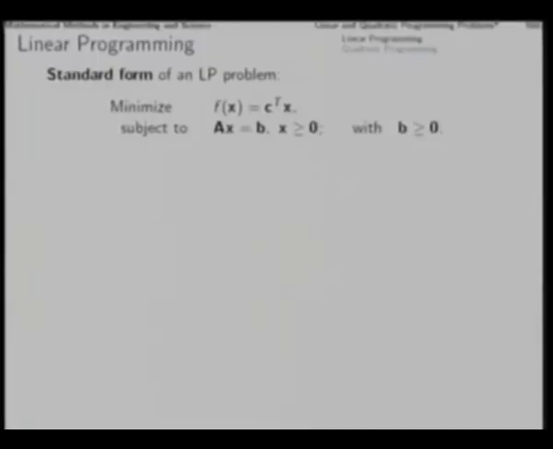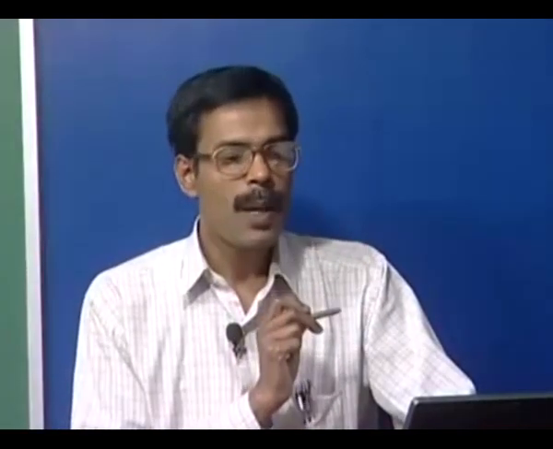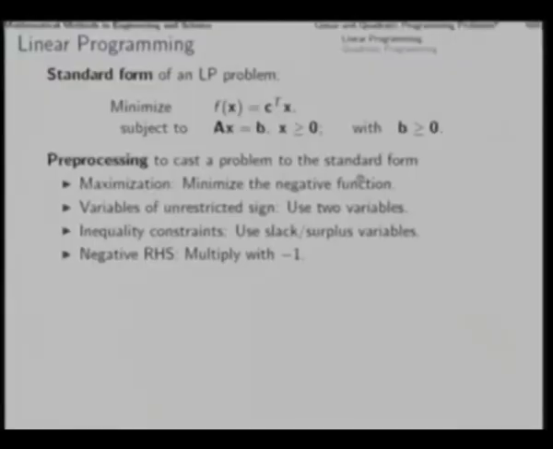As you know, a typical standard form of an LP problem is this: minimize f(x) equal to c transpose x, a linear function, subject to a number of linear equality constraints with non-negative variables x and non-negative b. If the original problem does not appear in this manner, then we conduct a little pre-processing to cast the problem into this standard form. For example, if the original problem is to maximize, then we minimize the negative of it.